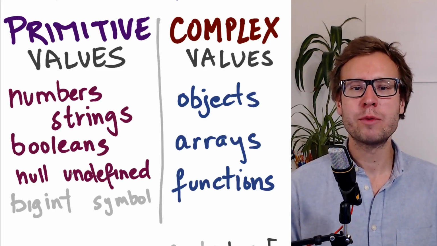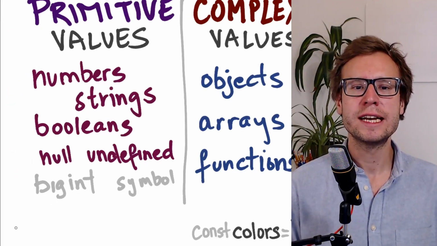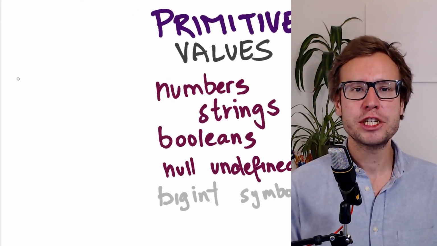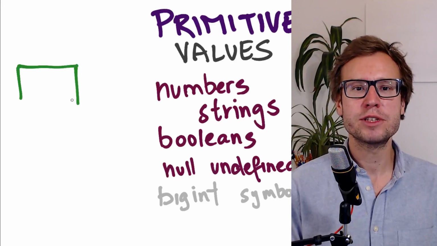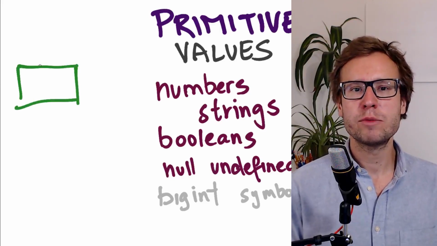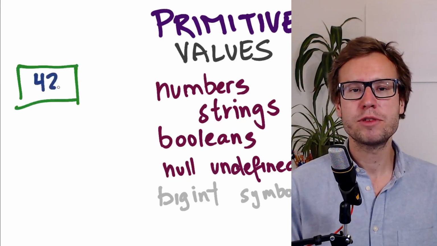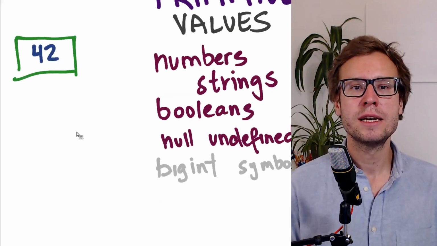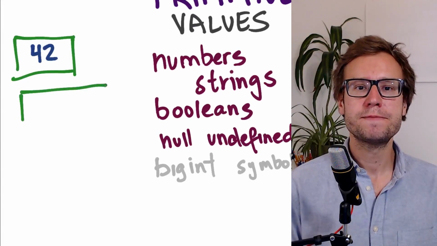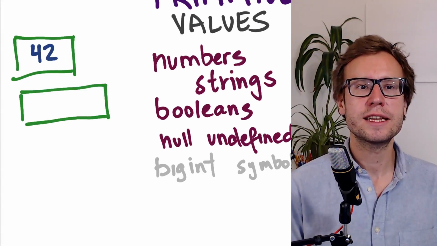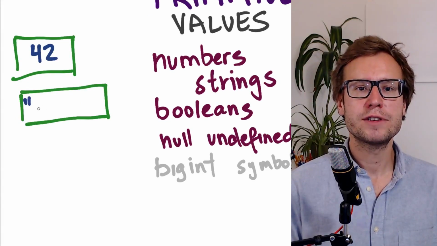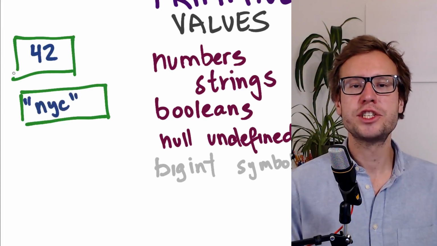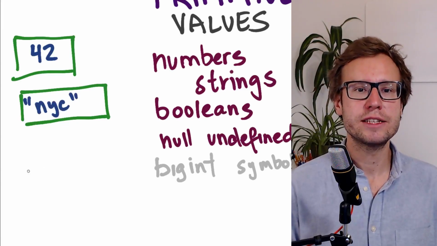So now that we have that, we can look at what primitive values look like. And luckily for us, primitive values are pretty simple. If you imagine a little box that represents the value, then if you have a number, it's pretty straightforward. We just have the value inside of that box. If we have a string, it's just the value of that string in the box.